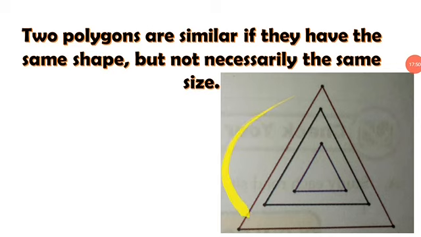So this one is a good example of similar polygons because, as you can see, they have the same shape, but they have different sizes.